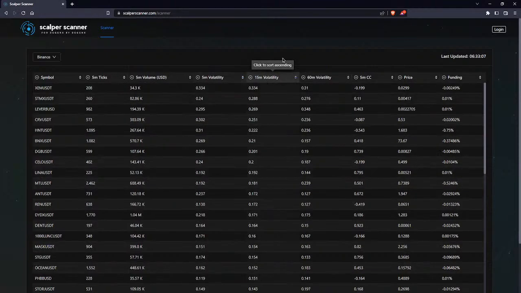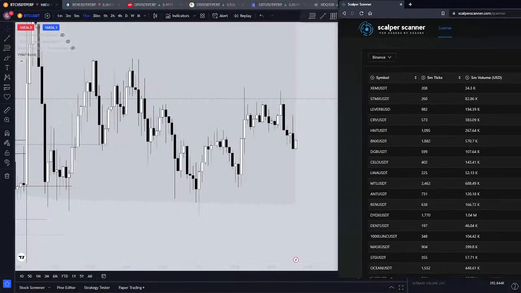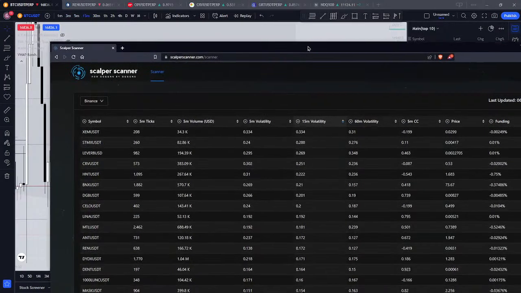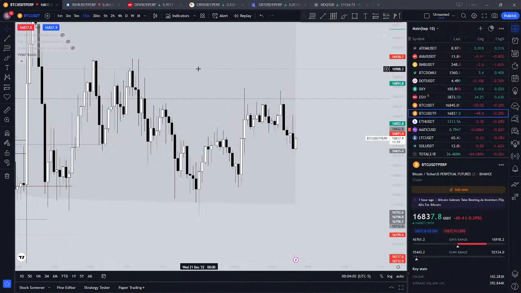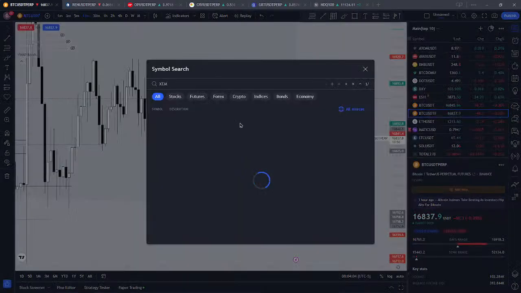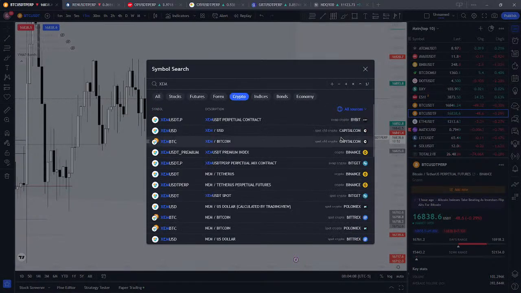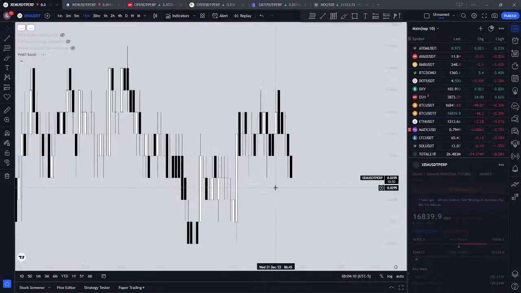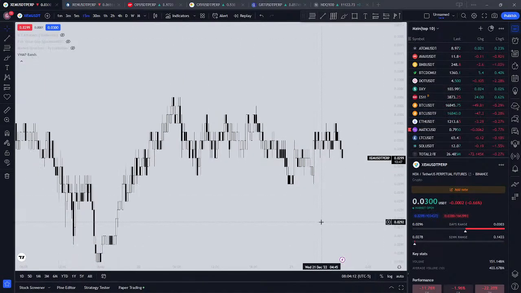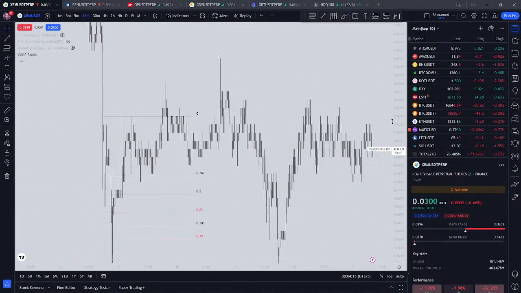So for now, since I think 15 minutes is a good place to start, if you observe, you have XEM USDT. So let's check that out. Is there a buy? Yeah, there should. Okay. So as you can see, it's having some sort of a move.